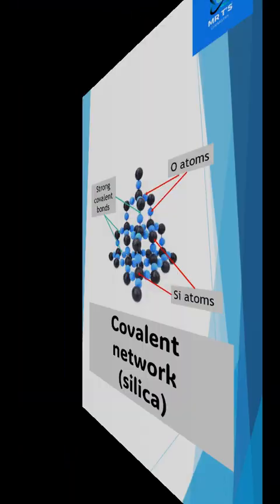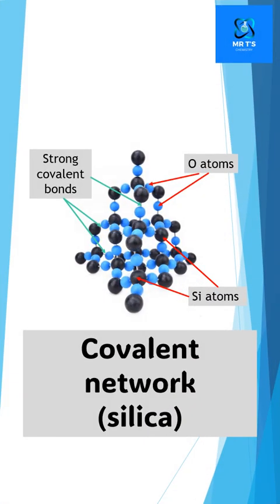If you're starting to get the hang of these, you'll notice that it has strong covalent bonds. So remember, this is a covalent network. Now, because this is made up of silicon and oxygen bonds, sorry, I said carbon before, this is actually silicon dioxide or silica.